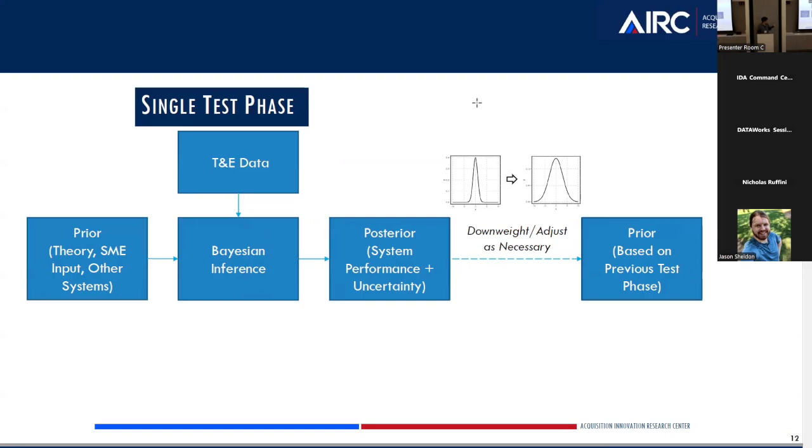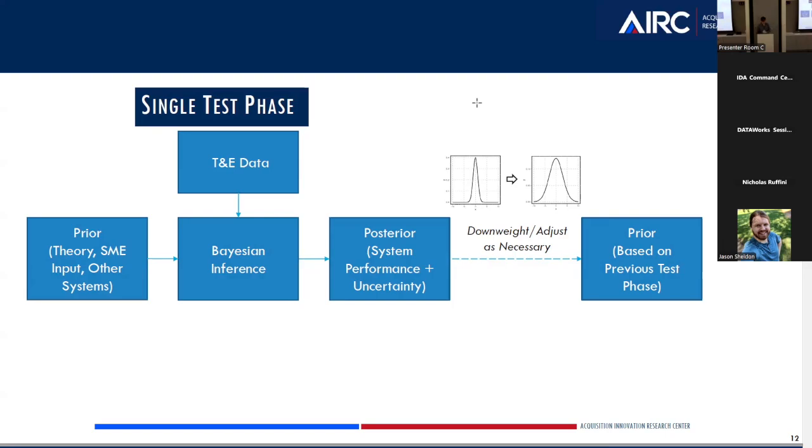Okay. One caveat there is that if the new data is collected in a different way, like if we've changed test phases and we have more operationally realistic operators, or if we've changed test factors, or if we're testing in a different location, we might think that the data might have changed somewhat. And so we might want to adjust the posterior that came out of one phase before we go into the next phase.